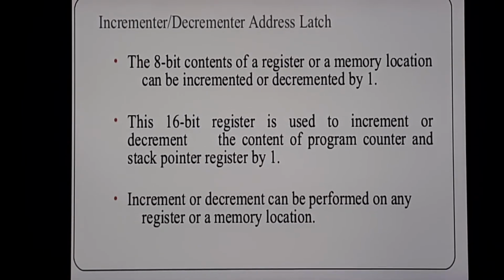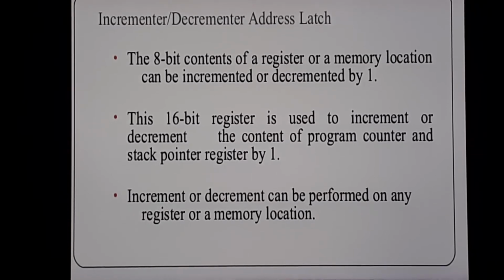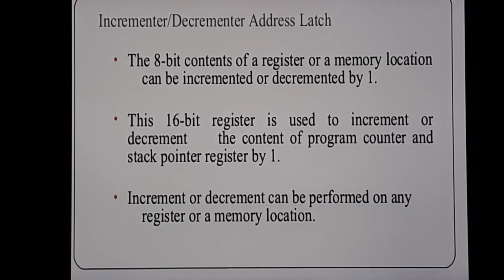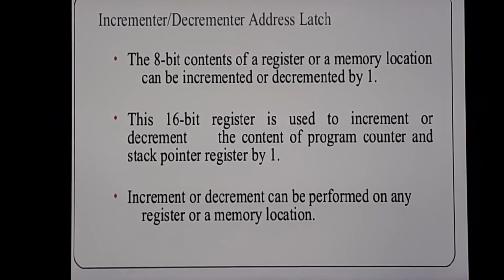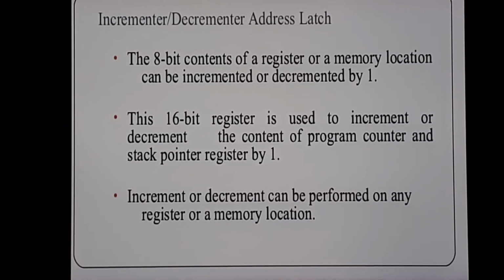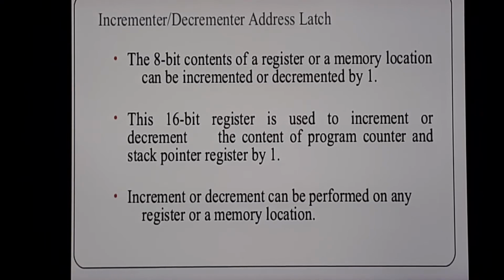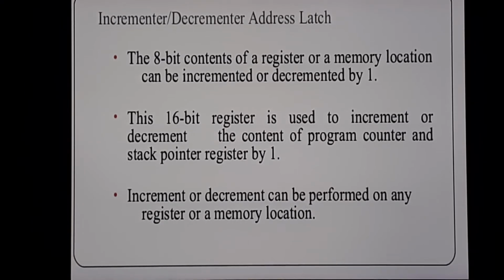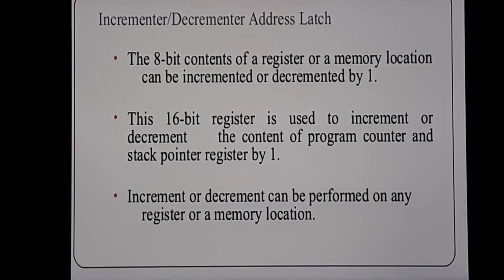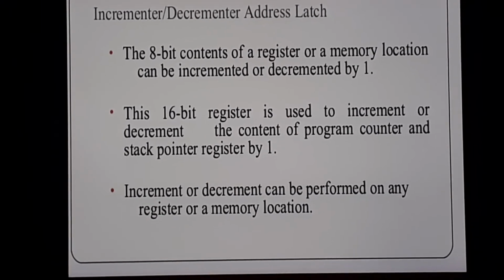Now this 16-bit register is used to increment. Since they have taken both the registers together, hence they said 16-bit. If you take it separately, incrementer is 8-bit, decrementer is 8-bit. Okay. So it is used to increment and decrement the content of what? The program counter and the stack pointer. Program counter manages the next instruction. So hence you say that it will increment or decrement the next instructions.